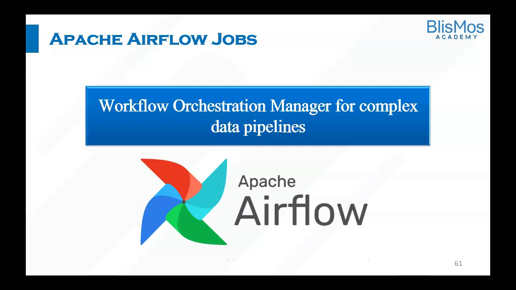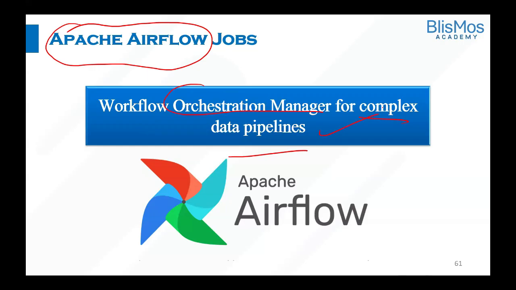What you said is right. You are building the pipeline so that you can run it multiple times. So when you want to run it multiple times, you have to control that, monitor that, orchestrate that. That is where Apache Airflow comes into the picture. Apache Airflow is an orchestration manager for complex data pipelines.